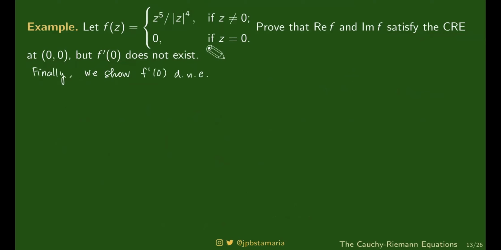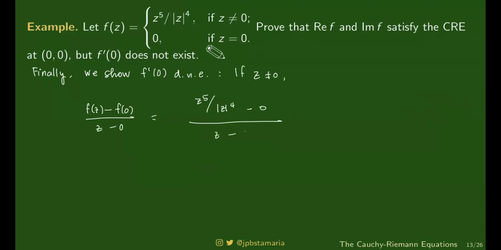To see why it doesn't exist, ganito: kapag kumuha ka ng z different from 0, at kinompute mo yung f of z minus f of 0 divided by z minus 0, ito yung kukunin mong limit mamaya. Ang f of z mo, because z is not 0, is z to the fifth divided by absolute z to the fourth, minus 0, divided by z minus 0.